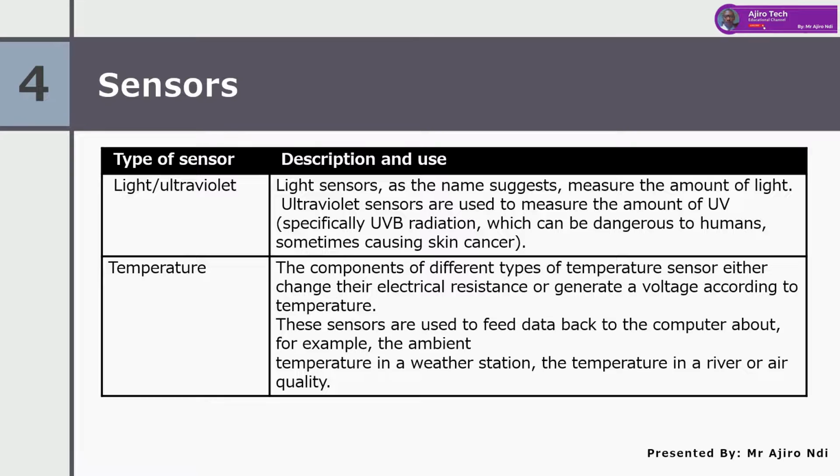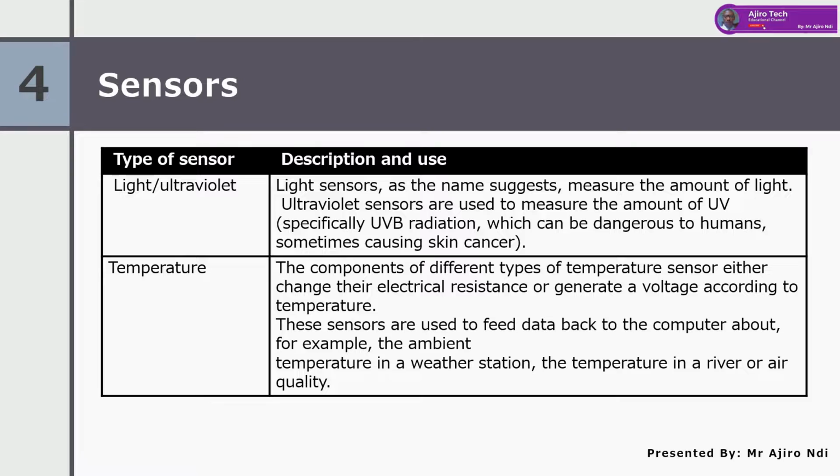Now, the light sensor is right there on the screen. As the name suggests, it measures the amount of light. There are many types of light sensor, but they all follow the same principle. When light falls on this type of sensor, what does it do? It generates electrical energy. The amount of energy is then converted to give a value for the amount of light.